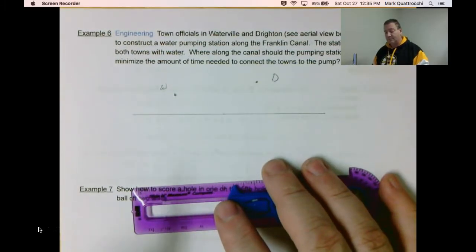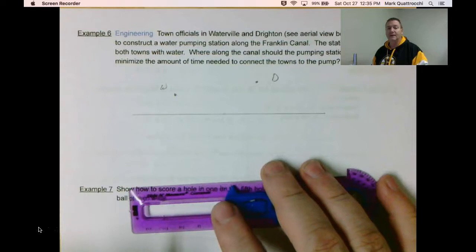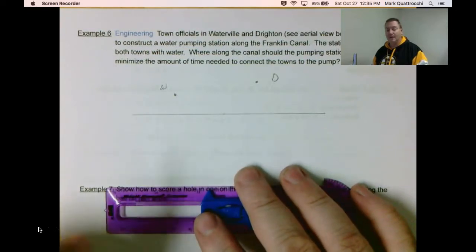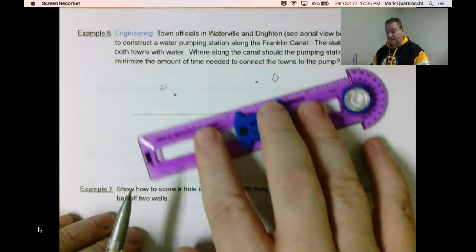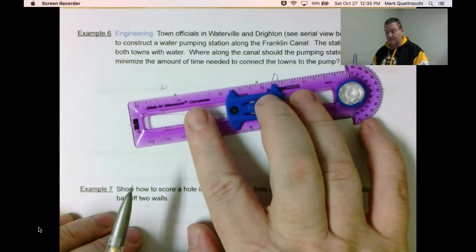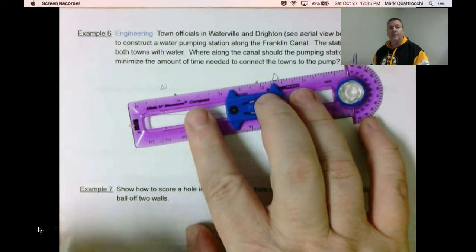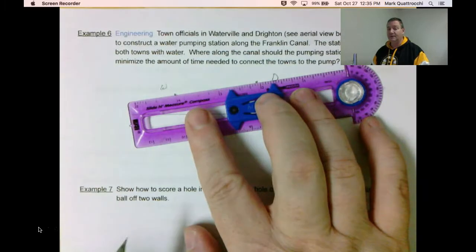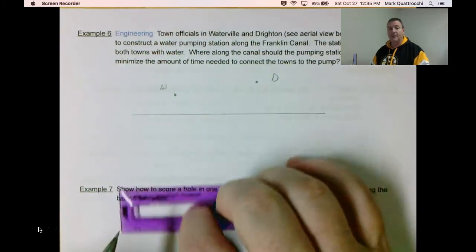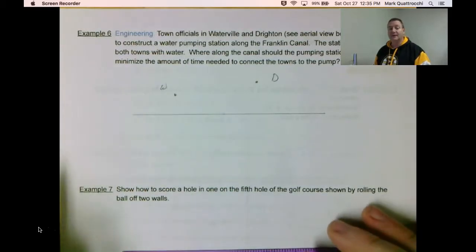Well, this really comes down to a straight line problem, meaning the shortest distance between any two points, between W and D, is a straight line. But the canal is not between Waterville and Drayton. It's down here. So how do we still use a straight line to connect Waterville to Drayton when we have to go to the pump as well?